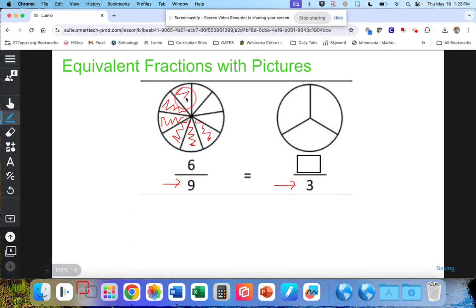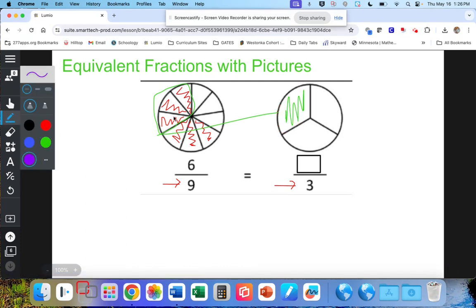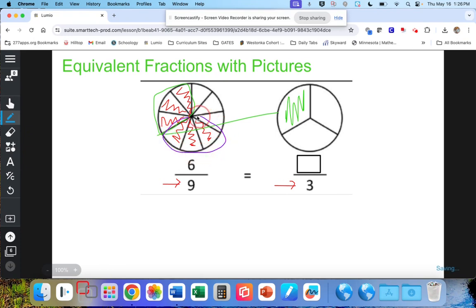Let's color it right here. So if I take a look now at these 3 pieces right here, those match this piece right here. And if I take a look at these 3 pieces right here, those match this piece right here. So how many pieces are shaded in?